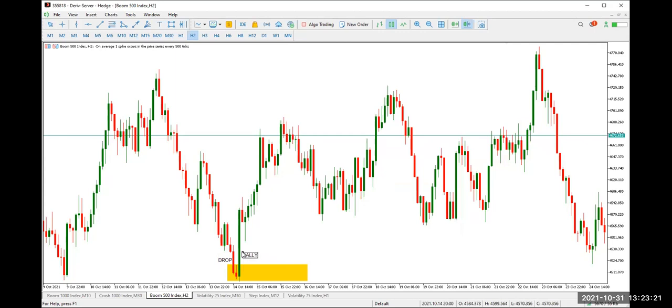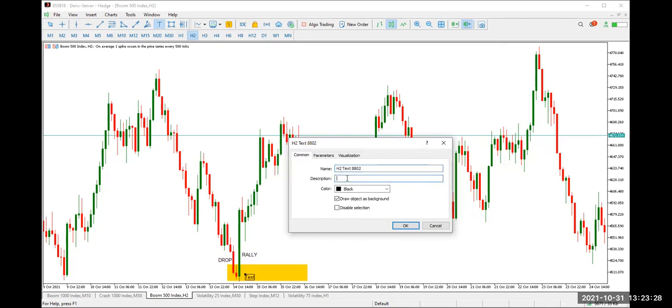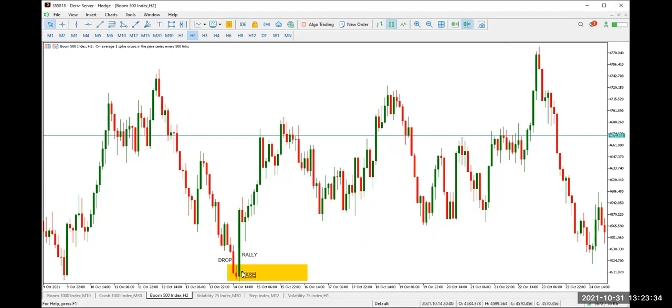And we have a base. This is the base candle. This base candle is what we are after here.